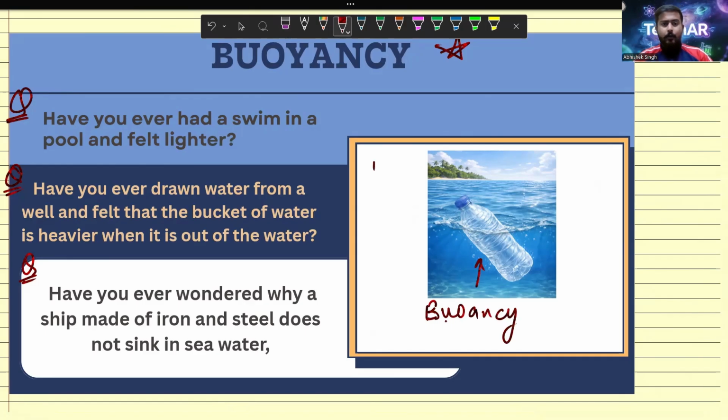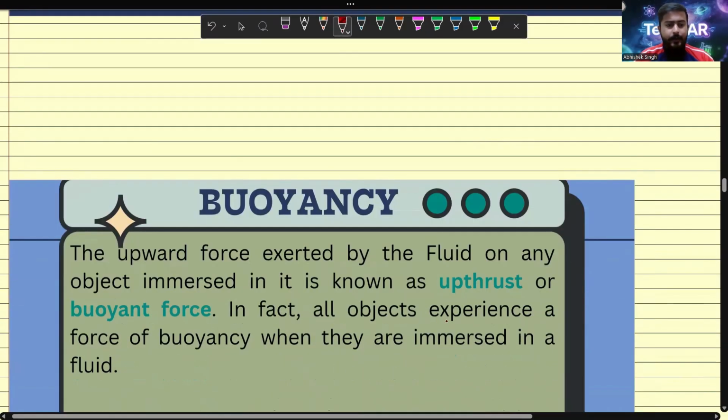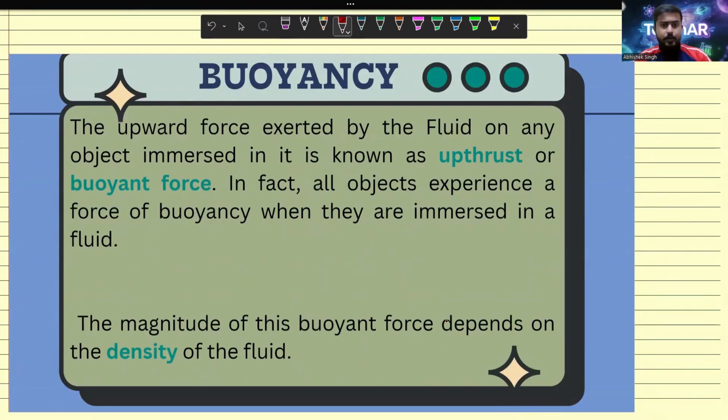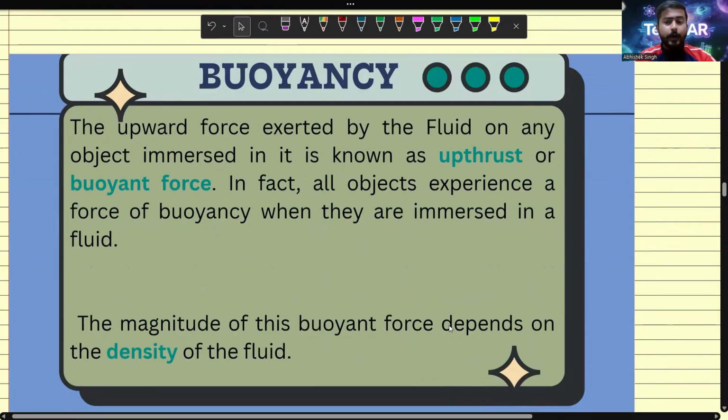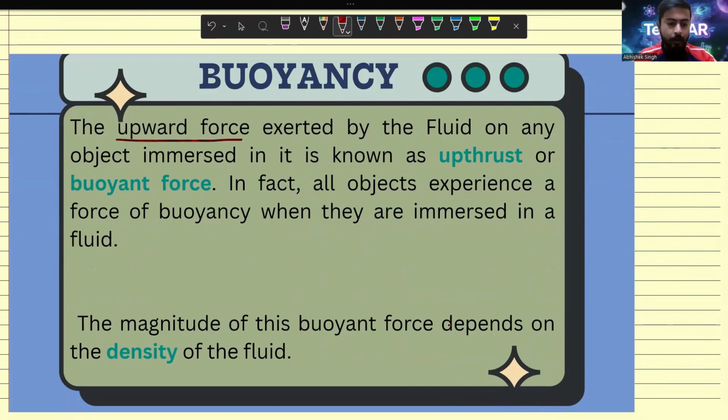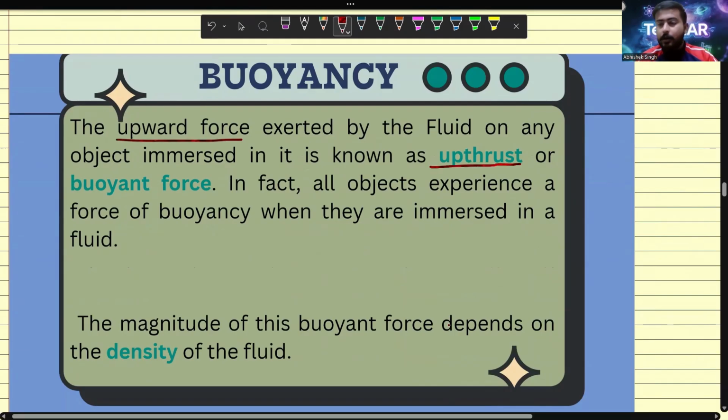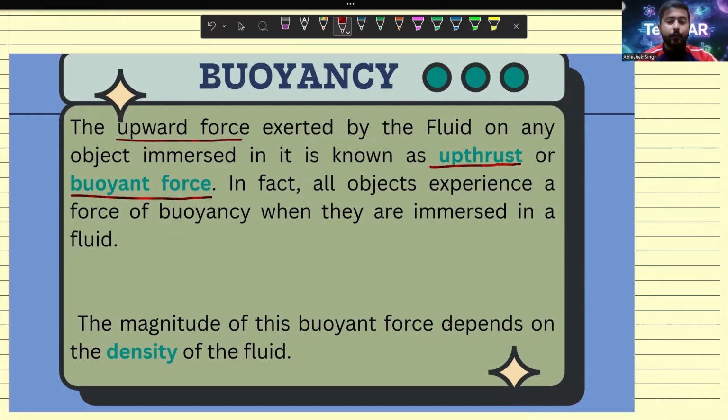Now, let's discuss buoyancy. So, what is buoyancy? Buoyancy is an upward force exerted by a fluid on any object. It's an upward force. This upward force applied by the fluid on any object immersed in it is also known as upthrust, or we can also call it buoyant force.